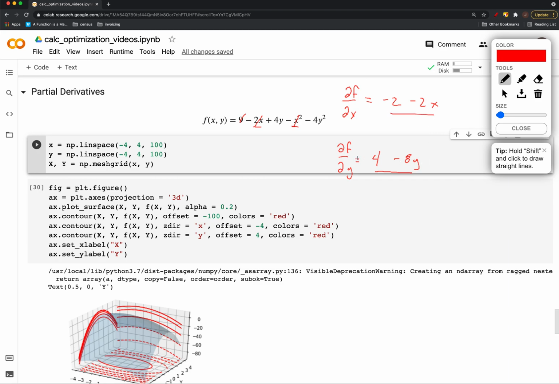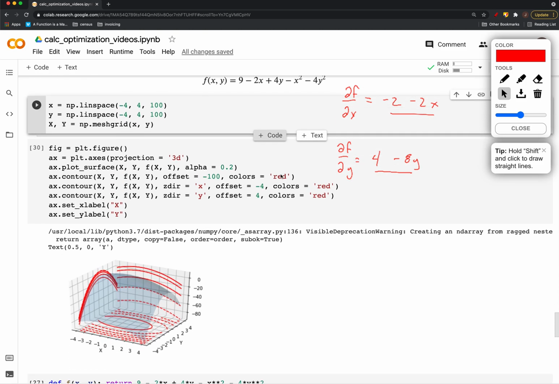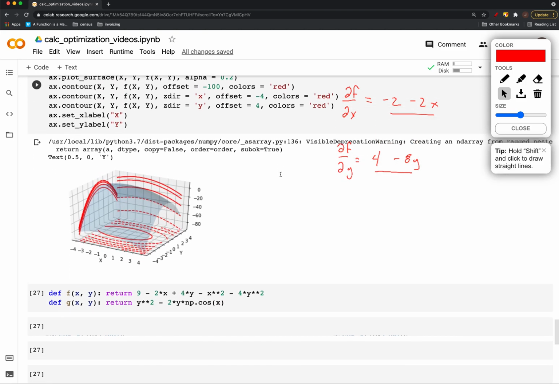All right, now if we want to find those using the computer, this is where things can get a little bit awkward at first, because we're going to have to switch between numpy and sympy. If we want to find these derivatives, we're working symbolically rather than numerically, so we have to make sure that x and y are in here as symbols. Okay, so let's go ahead and do that. We have our function defined as f.